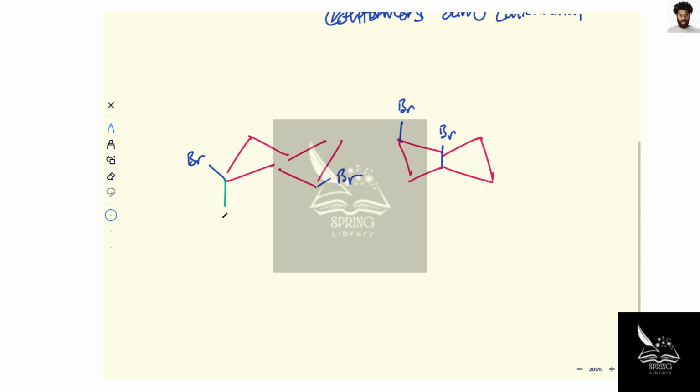I think it'll help to draw in the hydrogens on each of these.